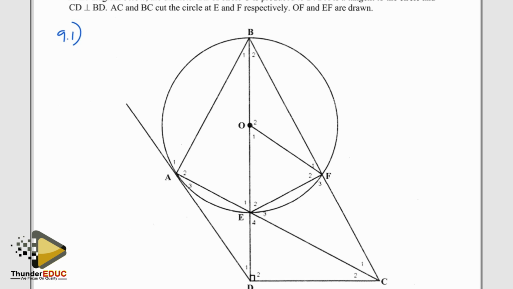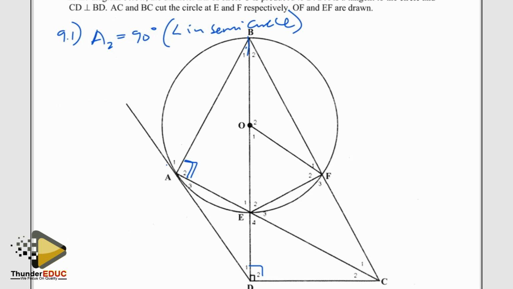They want us to give reasons why ABCD is a cyclic quad. I'm seeing a 90 here, and I'm seeing some bow tie, butterfly. So I'm going to say that A2 is a 90-degree angle in a semicircle, because this is a diameter, so this must be 90.